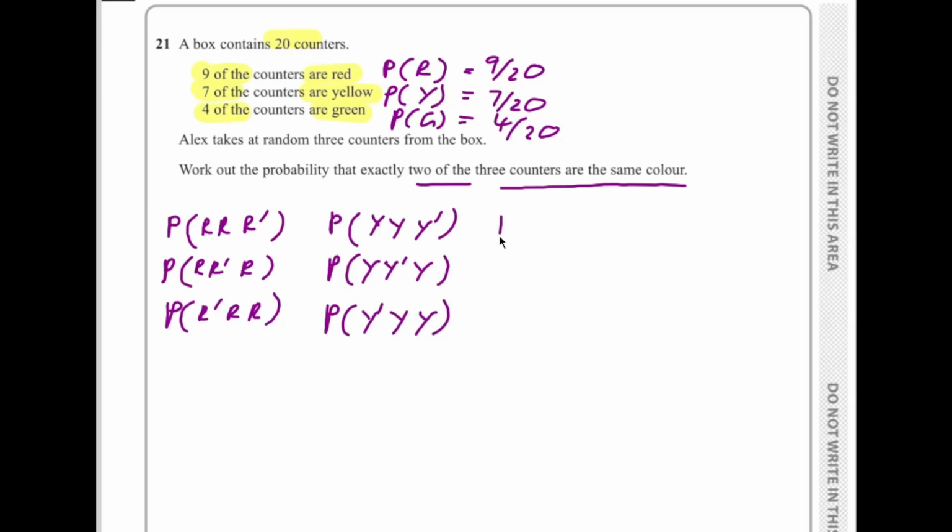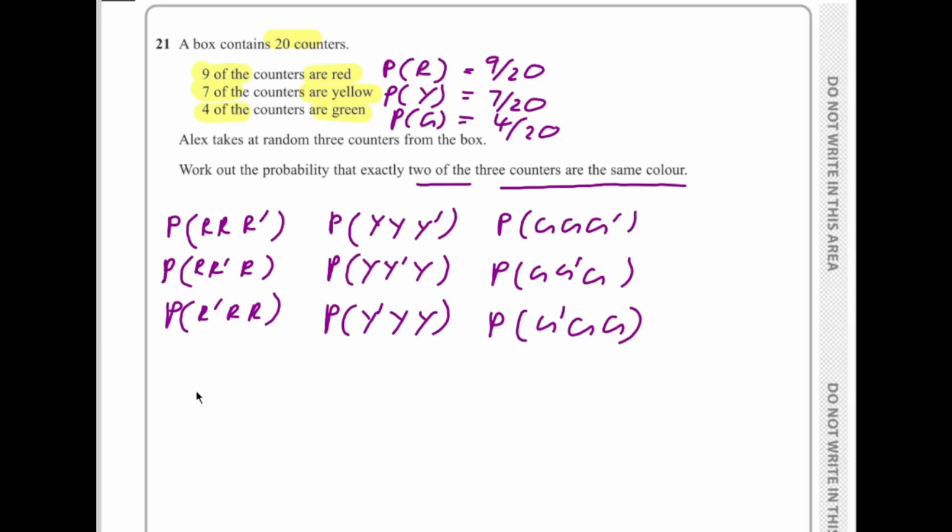The other one is green: green, green, not green; green, not green, green; not green, green, green. These are the 3 sets for each color, 9 possibilities that we can get where 2 of the 3 counters are the same color.